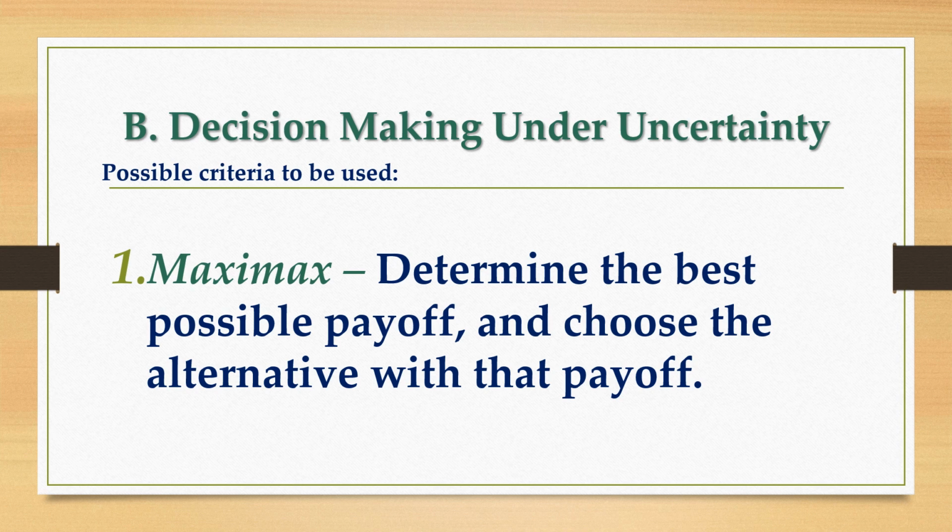So in an environment of uncertainty, we don't know what will really happen. We have to look at the brighter side of the world. So that's why we will be choosing the best possible payoff. And when we say best possible payoff, it is the highest value, the highest amount, and choose the alternative with that payoff.